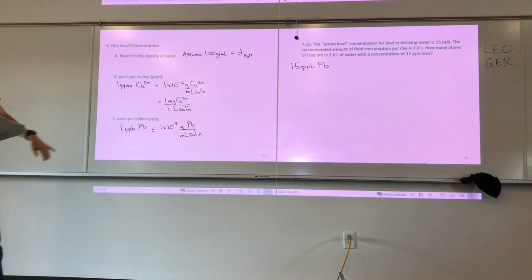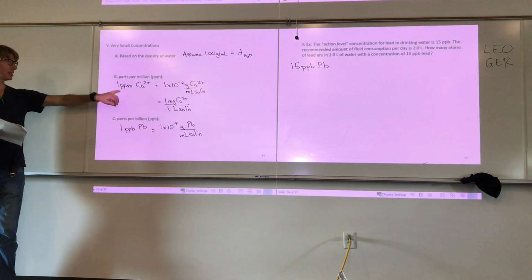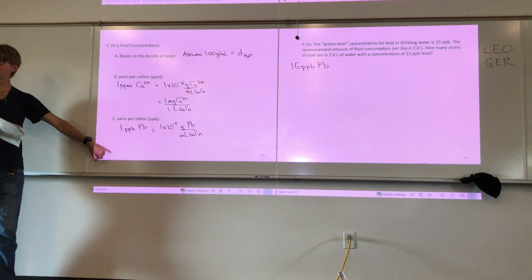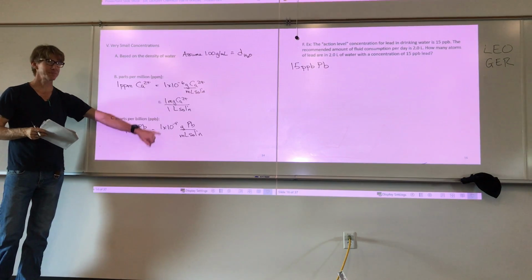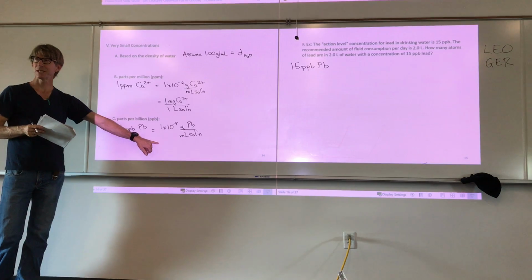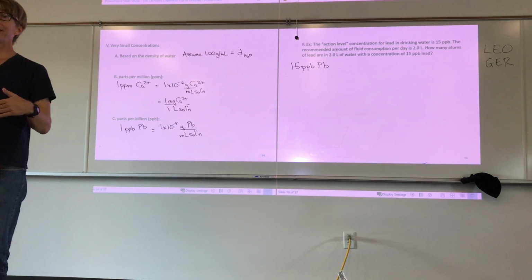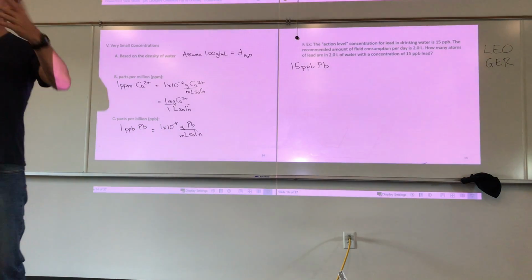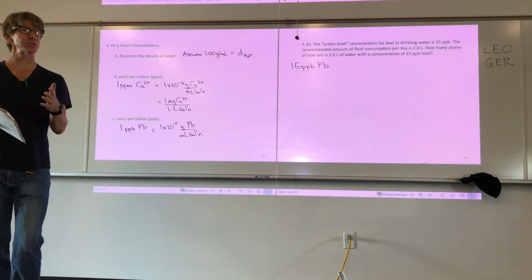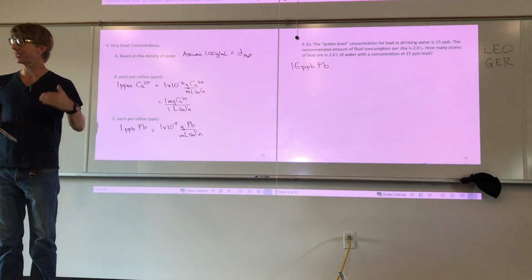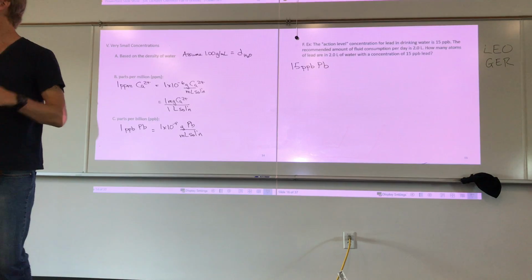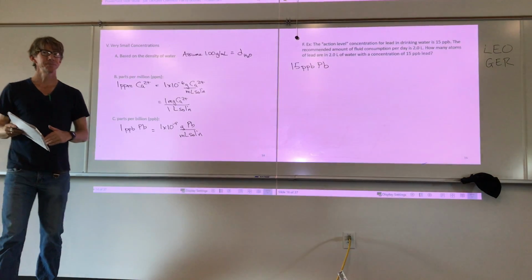On the bottom are the definitions of parts per million and parts per billion. Parts per million's on there. You may have to remember parts per billion, but I'll have to check that. Anyway, you will have this stuff. What I suggest is that as you do your homework, use that periodic table and conversion and equation sheet so you're used to where everything is, like whether Avogadro's number is on there or if you have to remember it.